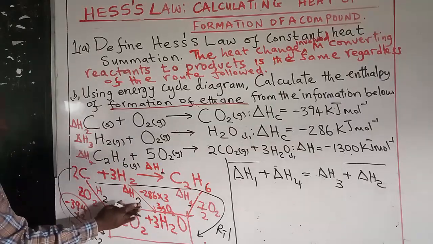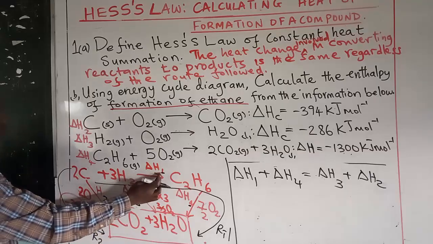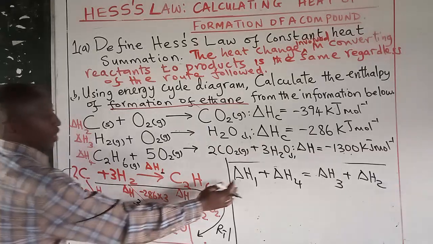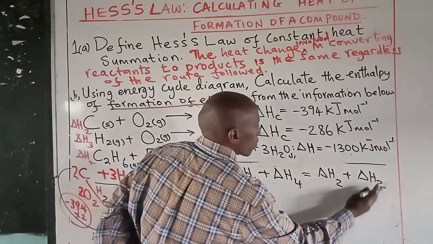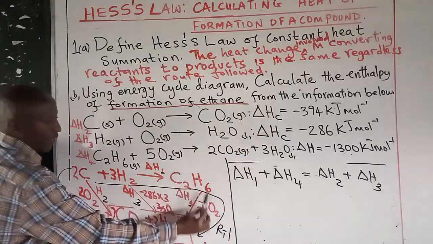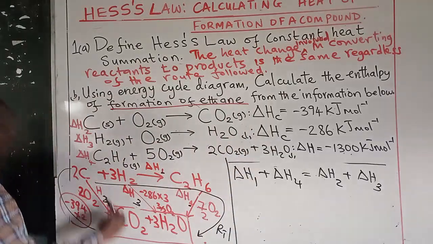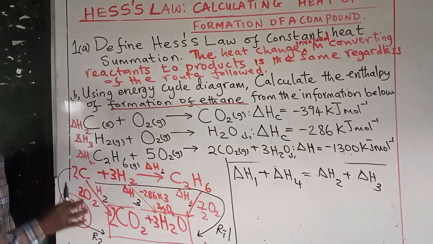Hydrogen and oxygen, we've called this H3. And so this is H1 and H4, H2 and H3. The 2 routes are equal in energy.